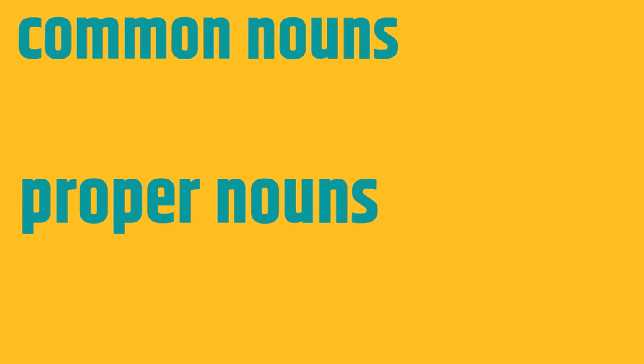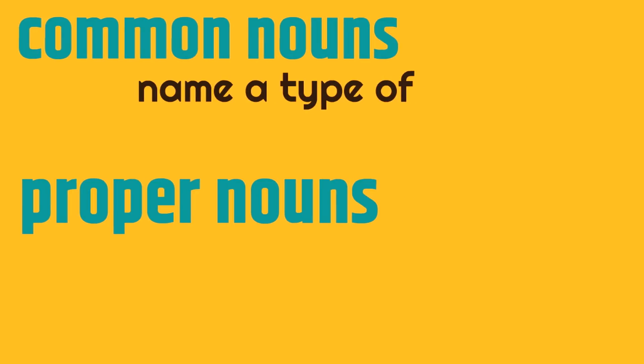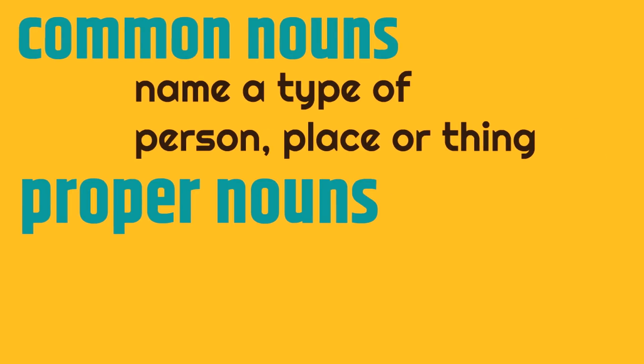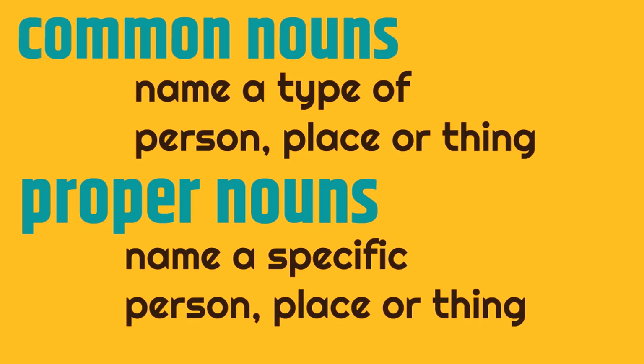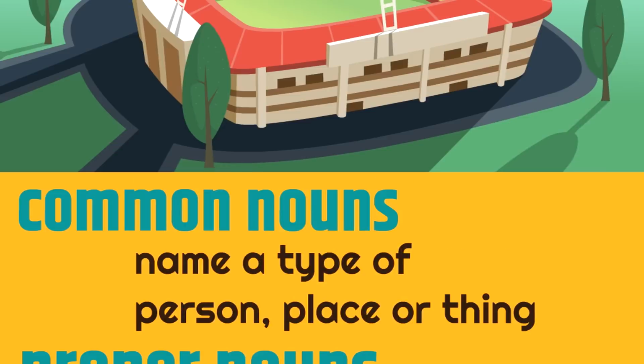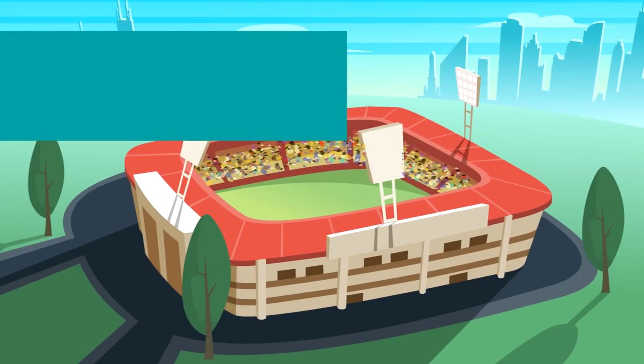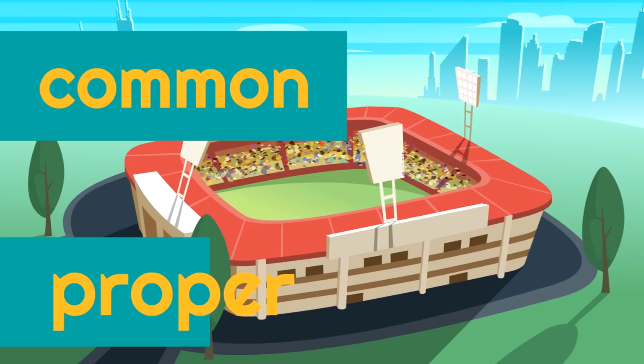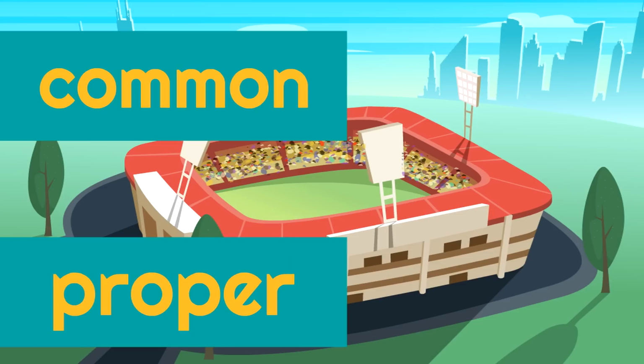Remember, common nouns name a type of person, place, or thing. Proper nouns name a specific person, place, or thing. Let's look at this example. This is called a stadium. The common noun for this is stadium.